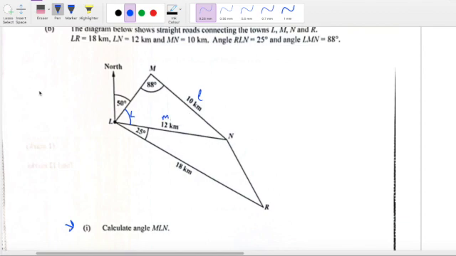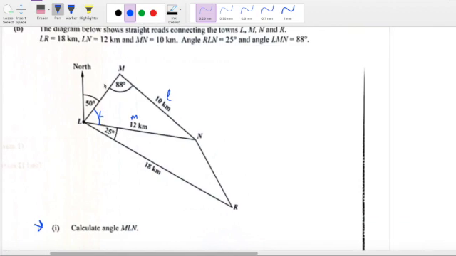So we could use our sine rule, right? The sine rule being l over the sine of L is equal to small m over the sine of M. So l being 10 over the sine of L, which is what we want to find, is equal to m being 12 over the sine of 88.